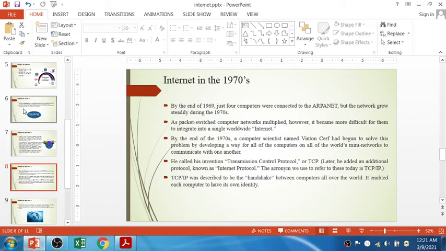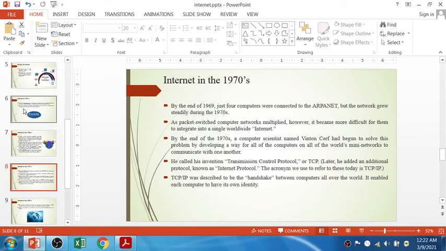By the end of the 1970s, the computer scientist Vinton Cerf had begun to solve this problem by developing a way for all of the computers on all of the world's mini networks to communicate with one another. He called his invention Transmission Control Protocol, or TCP. Later he added the additional protocol known as Internet Protocol.